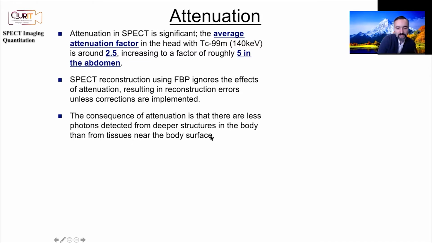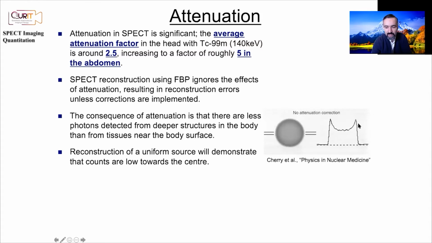So the consequence of attenuation is that there are fewer photons detected from deeper structures in the body than from tissues near the body's surface. And reconstruction, for example, of a uniform source will demonstrate that counts are low towards the center. Because if you have a source going in all directions, it will be attenuated.